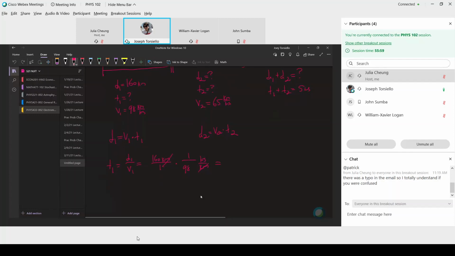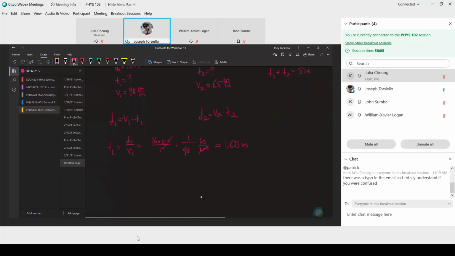So 160 divided by 98 is 1.633 hours. Let's keep it in hours, because we have the same units for all these things. So it's about 1.6 hours in T1. So we can get T2. It's very simple.